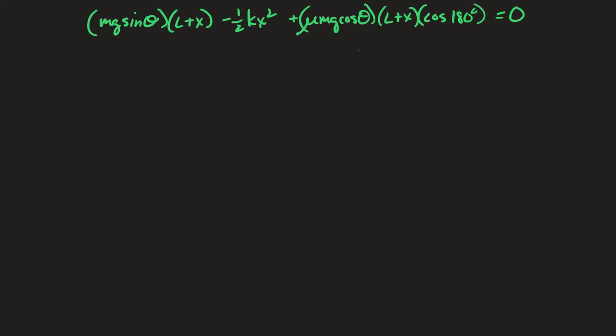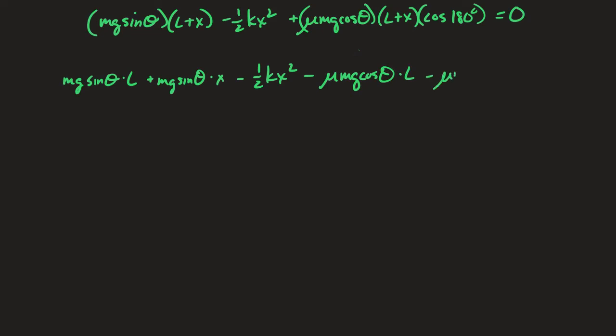I mean, I could distribute. That would be the starting point, mg sine theta times L plus mg sine theta times x minus 1/2 kx squared minus mu mg cosine theta times L minus mu mg cosine theta times x.